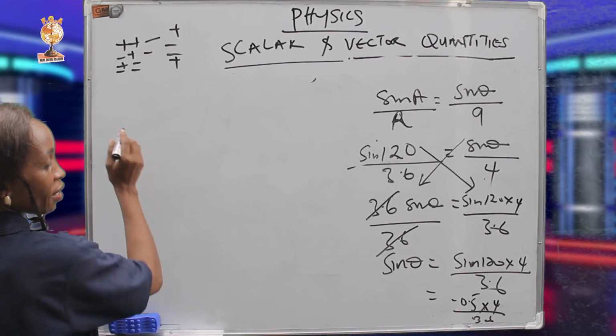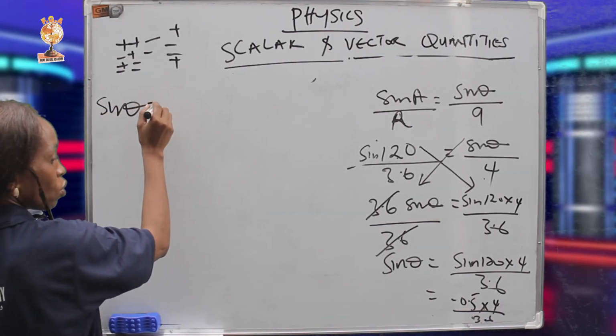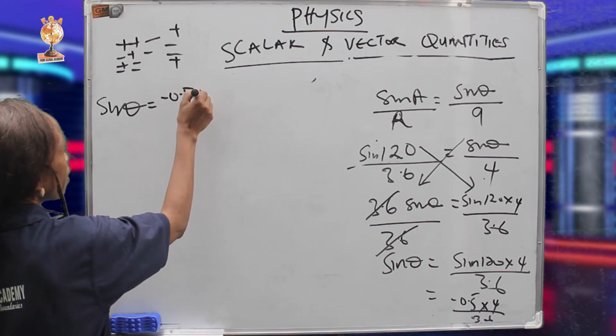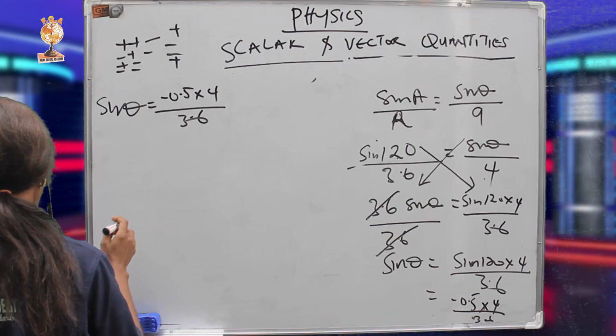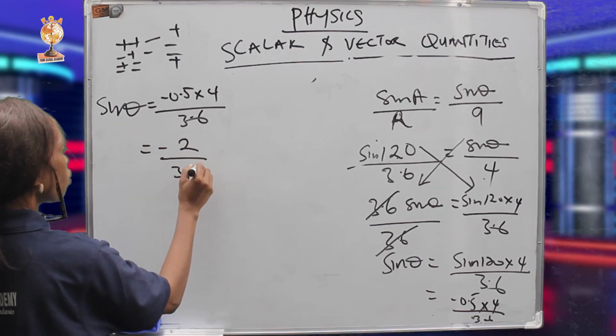Now, from here, I have sine theta equals minus 0.5 times 4 all over 3.6. And minus 0.5 times 4, I have minus 2 all over 3.6.